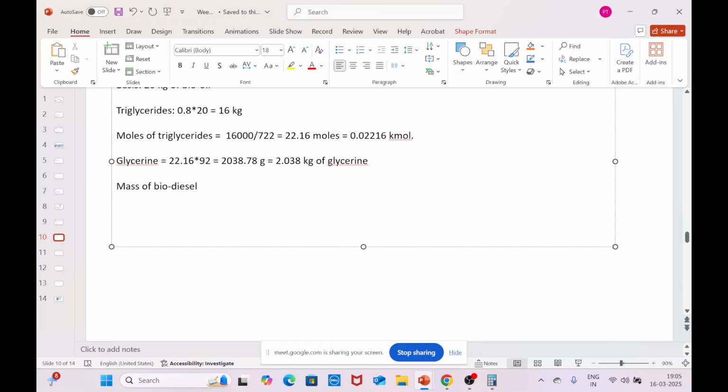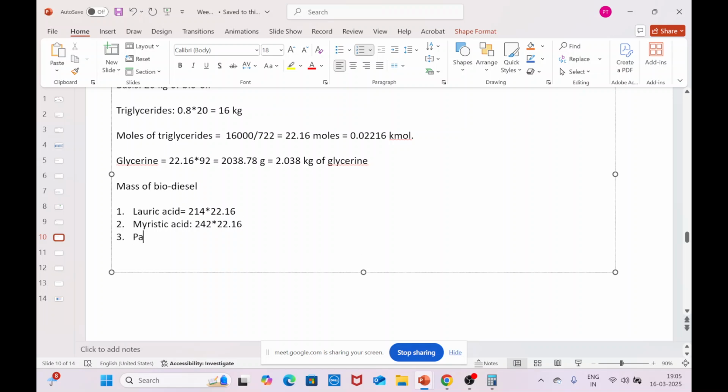For the first one, the lauric acid ester, it will be 214 times 22.16, and for the myristic acid ester it will be 242 times 22.16.